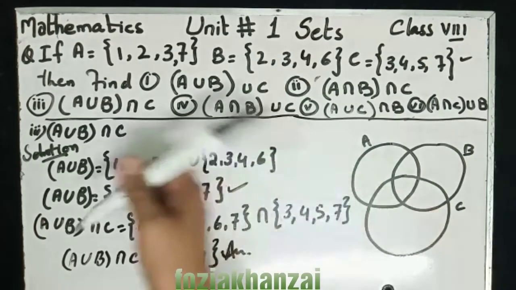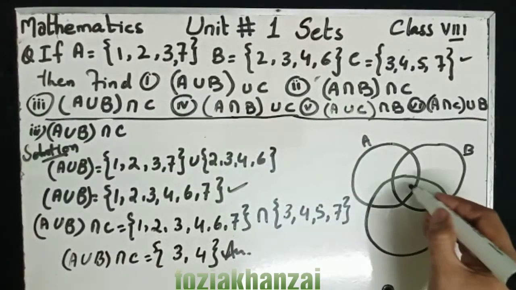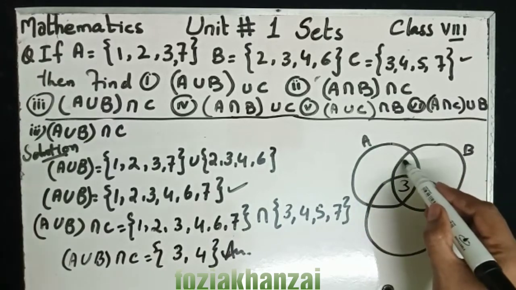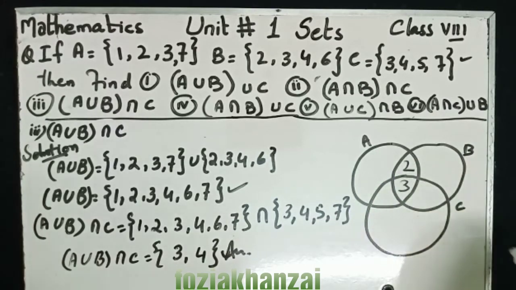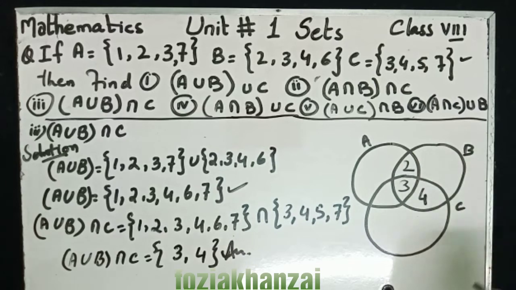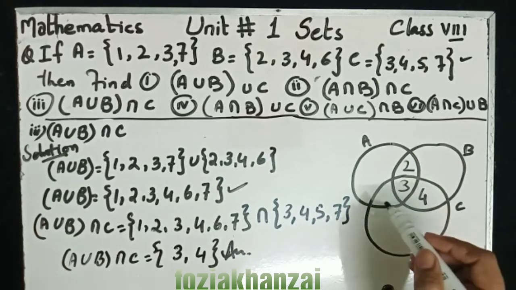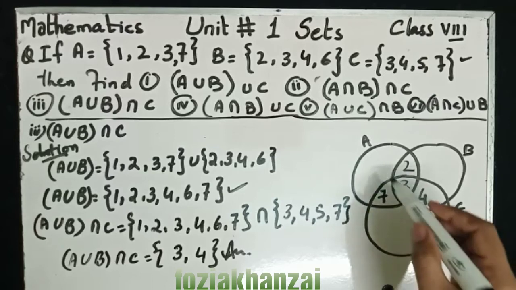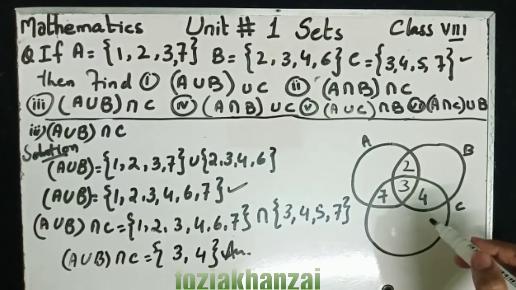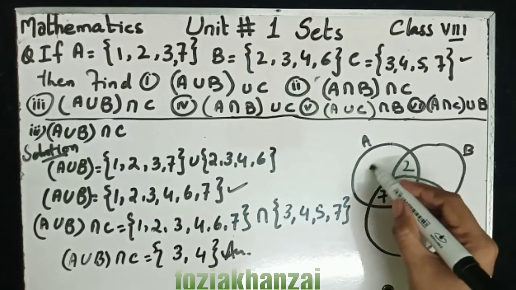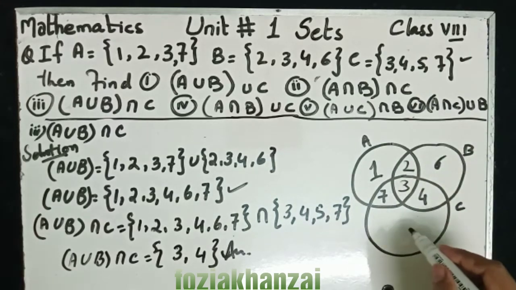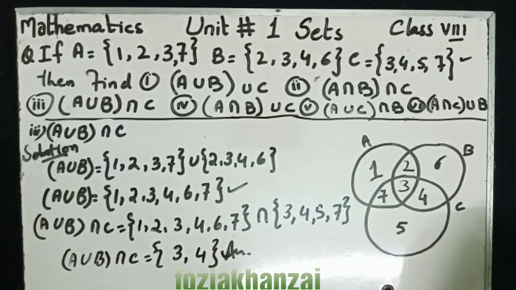The common element between all 3 sets is 3. 2 is common between set A and set B, 4 is common between set B and set C, 7 is common between set A and set C. After taking out the common elements, the remaining element of set A is 1, of set B is 6, and 5 is the remaining element of set C.